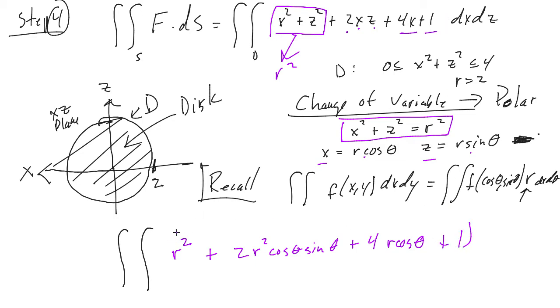Now all of that is multiplied by r, and then dr d theta, where r ranges from 0 to 2 and theta goes from 0 to 2 pi, because we're integrating the whole circle.